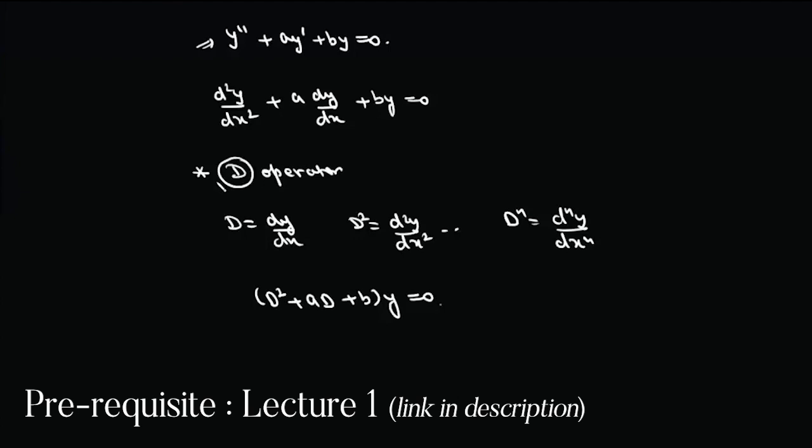We call this D the differential operator. And when we write it in terms of differential operator, then this equation itself is going to give you the characteristic equation, and by solving this quadratic you can find different values of D.